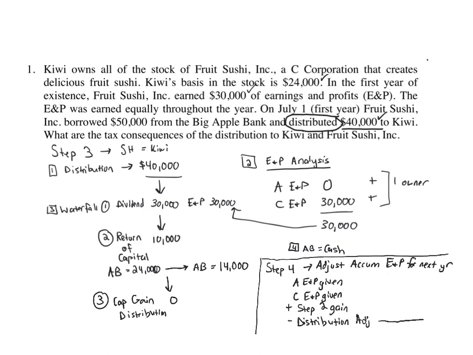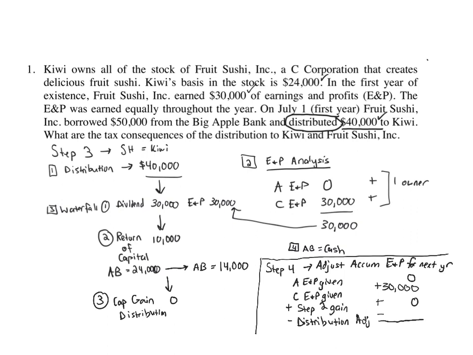So accumulated EMP given to us is 0. Current EMP given to us is 30,000. Plus a step 2 gain, which is 0, right? Because step 2, we did that earlier, was no consequences because it's a cash distribution. Finally, the distribution adjustment. Remember the general rule?